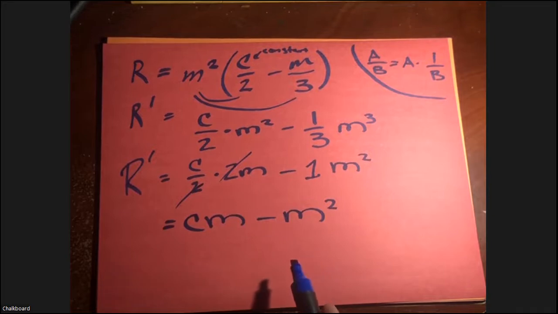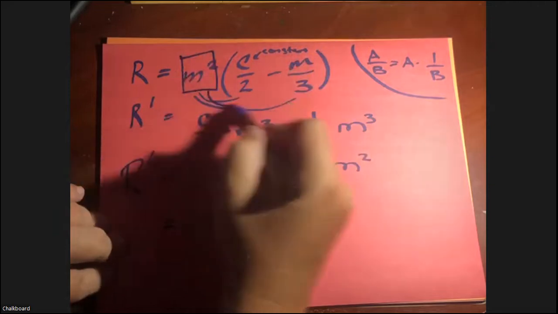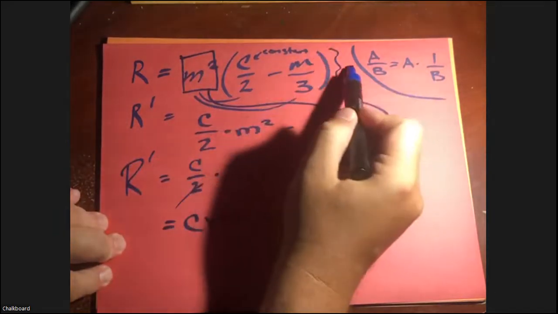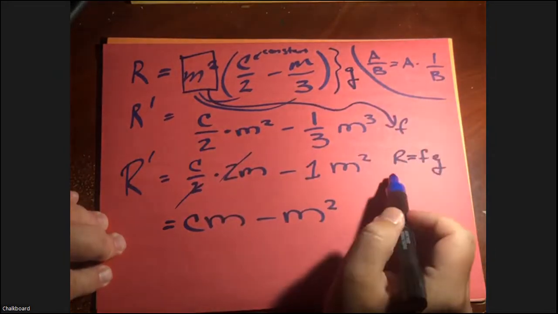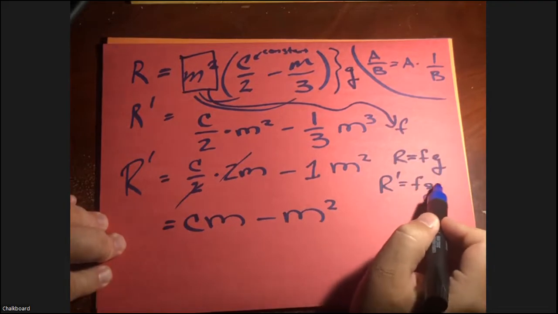Another way you could have done this was to make this right here the f, and this right here the g, and then do your product rule like this.